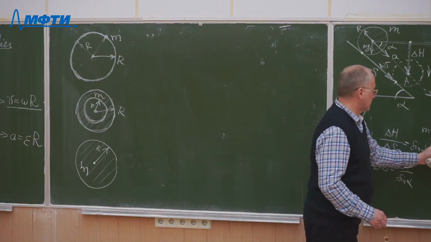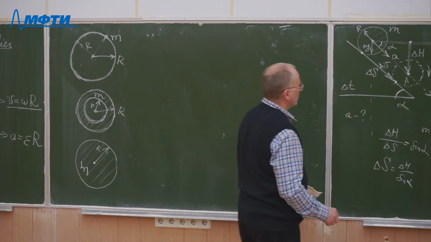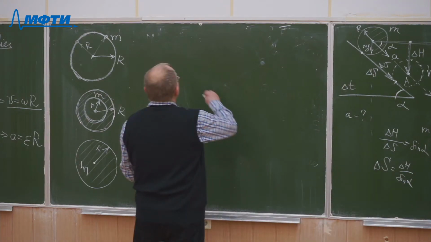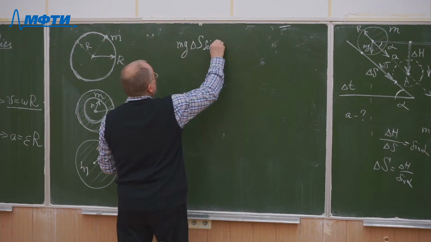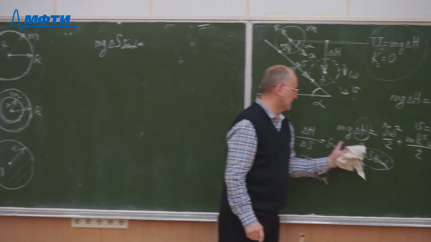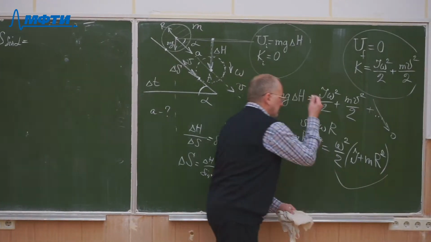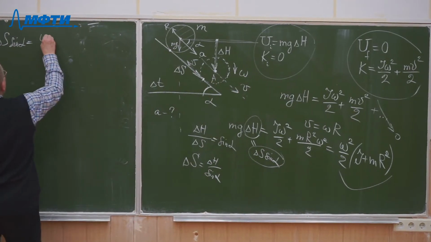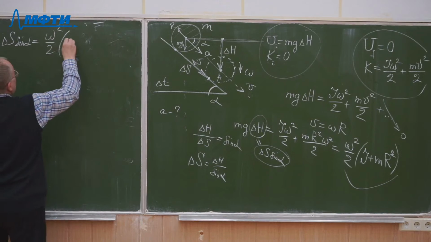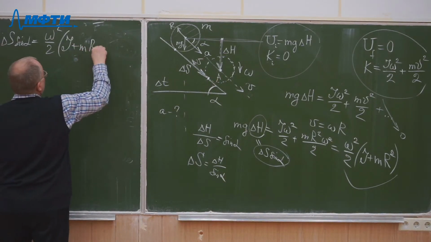If delta S is substituted here for delta H, then we'll have mg delta S sine alpha equals this expression, omega squared over 2 times the moment of inertia I plus m r squared.